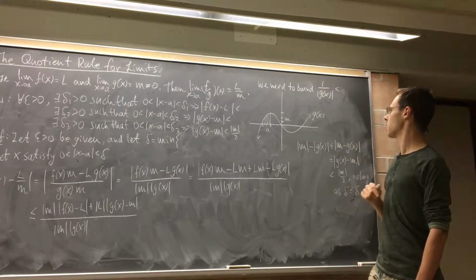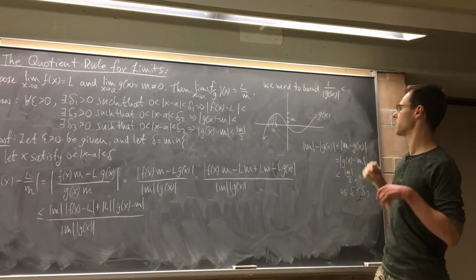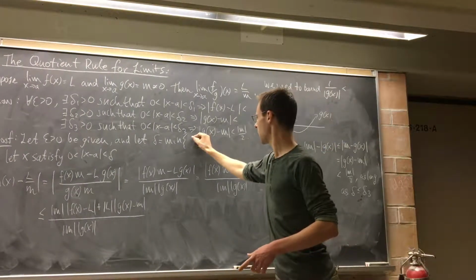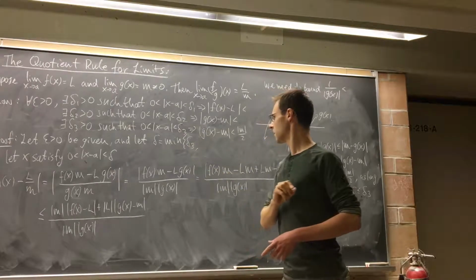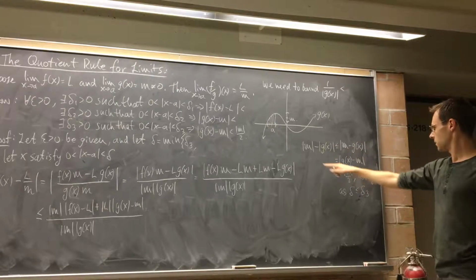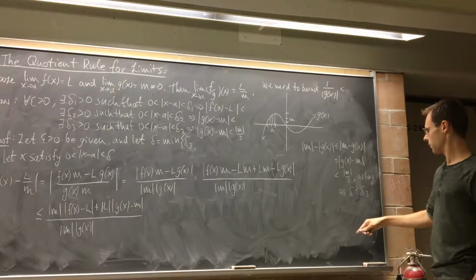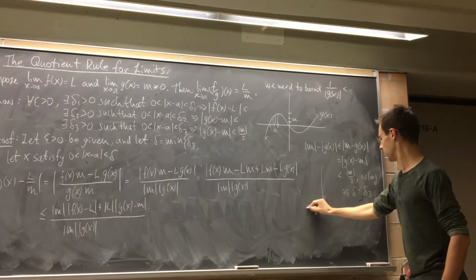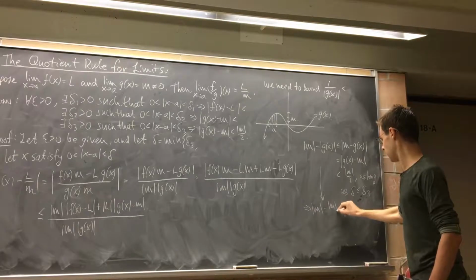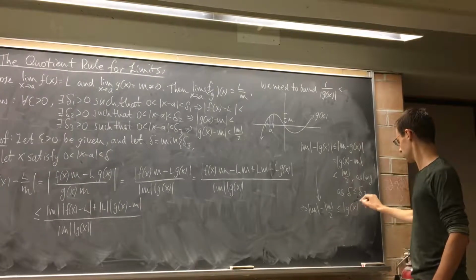The max value for 1 over g of x will be abs 2 over m. So we might as well add that delta 3 right in there. And what do we know? Well, looking at the reverse triangle inequality here, bring that part over, bring this part over. The reverse triangle inequality implies that abs m minus abs m over 2 is less than or equal to abs g of x.